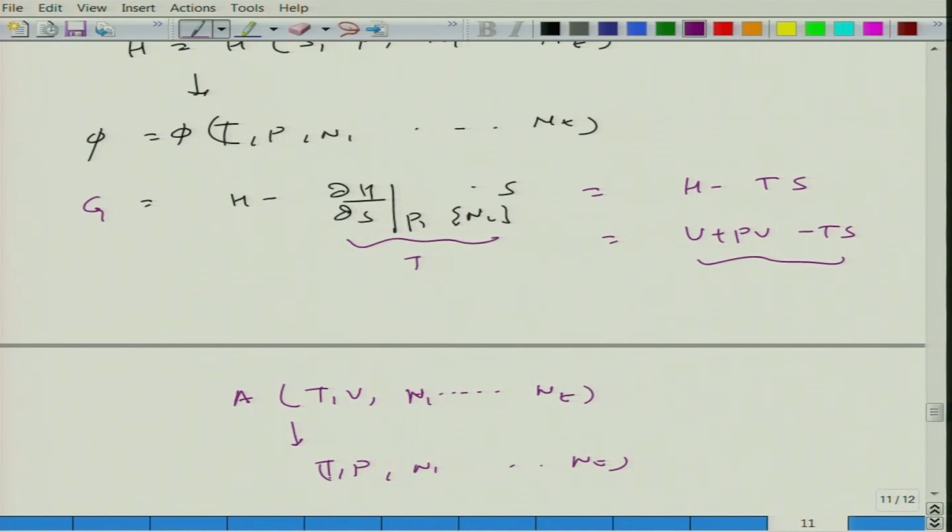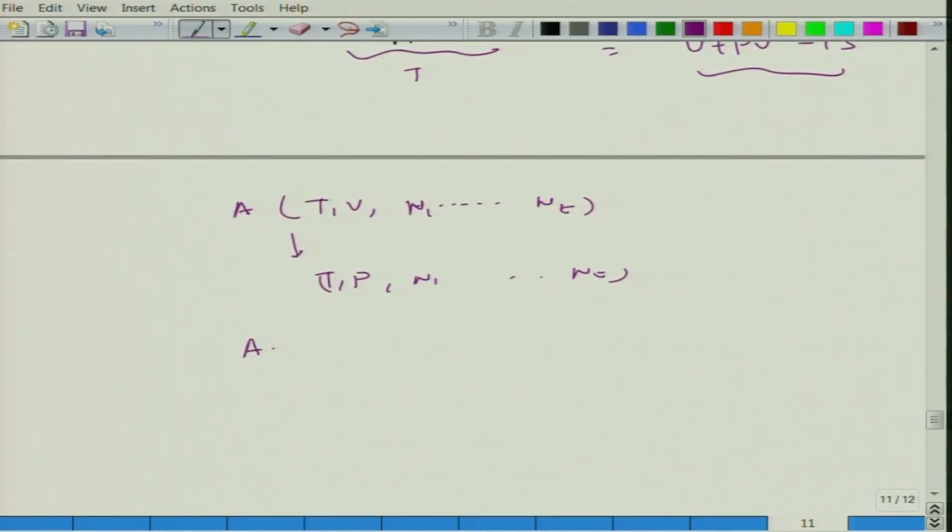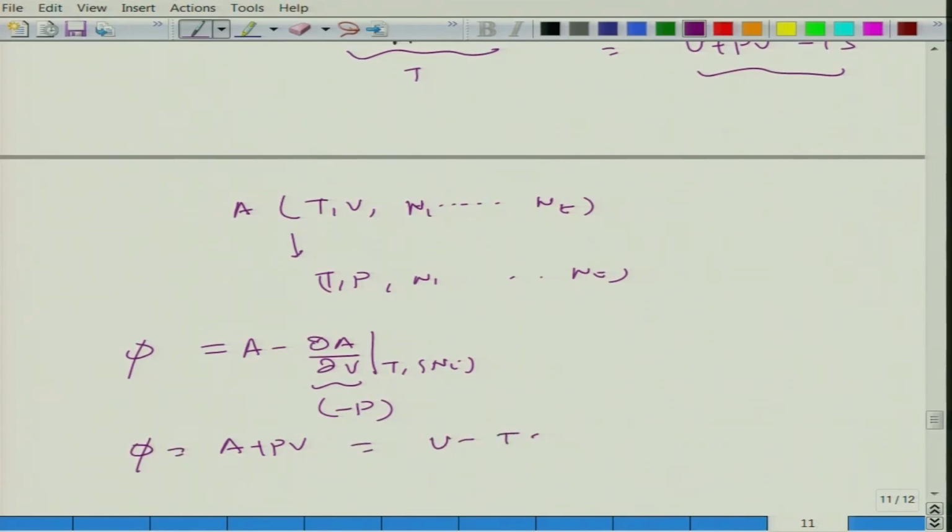If you do this exercise, you will get a minus del a by del v, keeping t and n constant. The partial derivative of a with respect to v is nothing but minus p. So, a plus p v is the function, and a is nothing but u minus T s plus P v. So, this is nothing but g also. So, essentially you get the same expression.